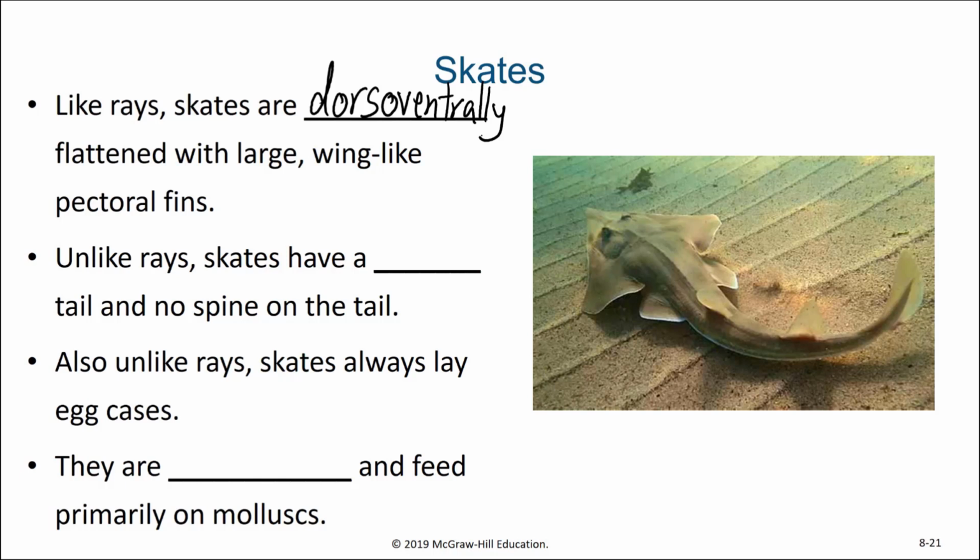However, unlike rays, skates have a fleshy tail and no spine on their tail. Also, unlike rays, skates always lay egg cases, so they are oviparous. Skates are also demersal, and feed primarily on mollusks.